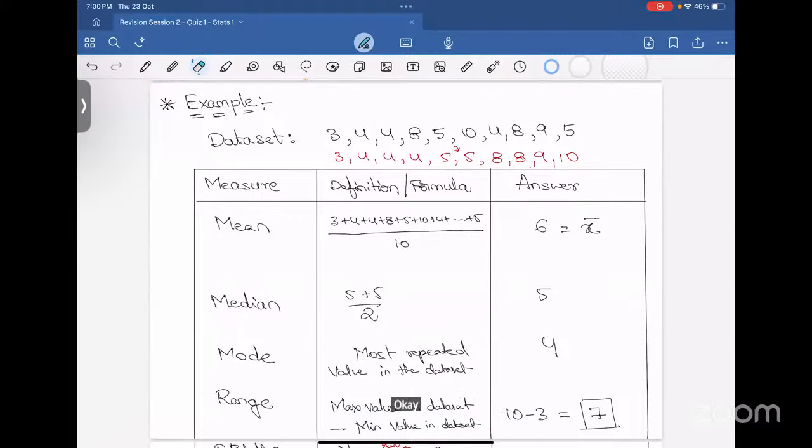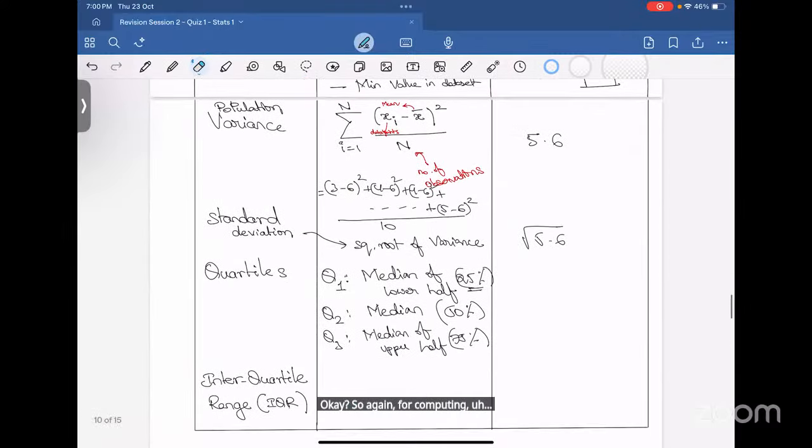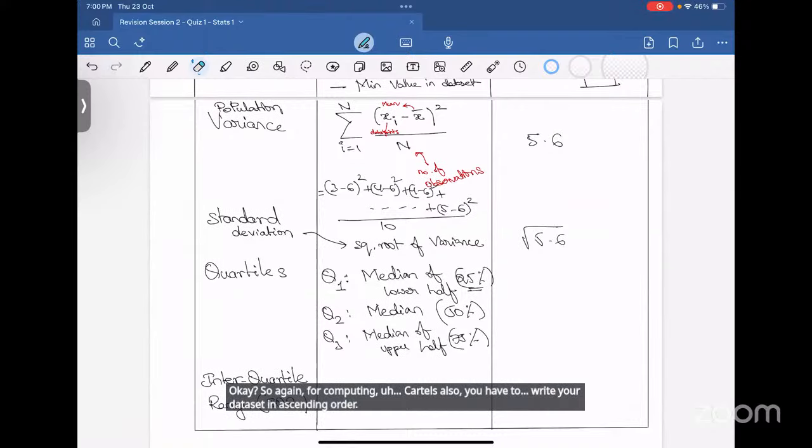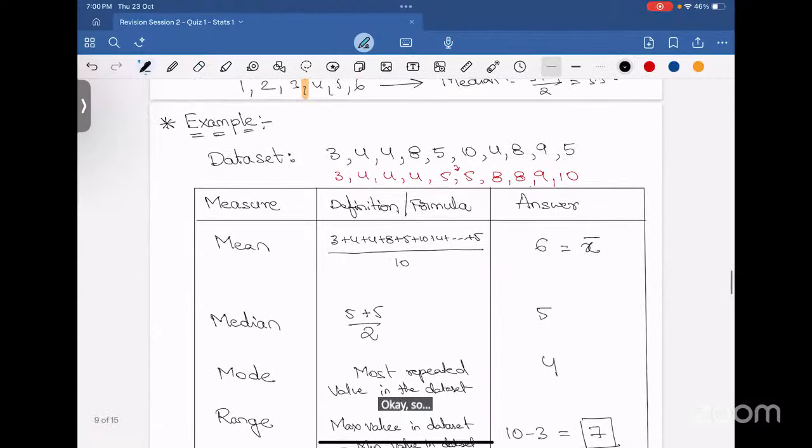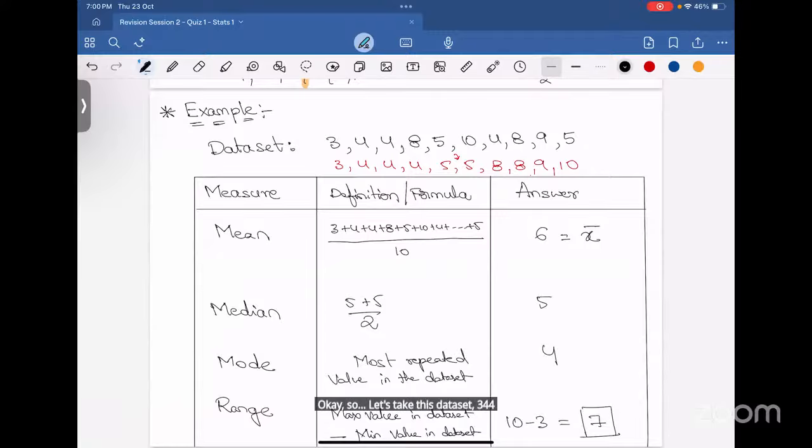Okay. So again, for computing quartiles also, you have to write your data set in ascending order. So let's take this data set: 3, 4, 4, 4, 5, 5, 8, 8, 9, 10. So 10 data points. So the lower half is this, and the upper half is this, right?